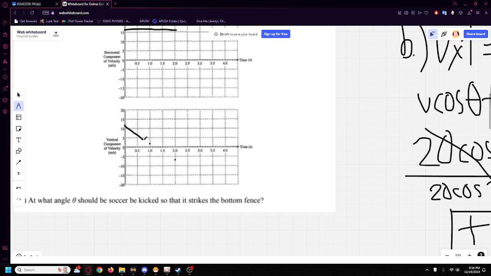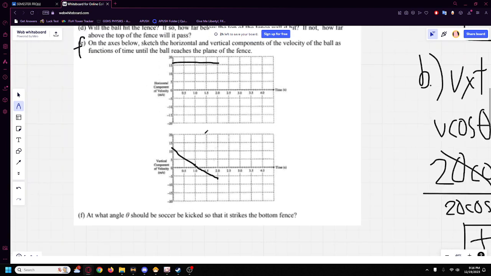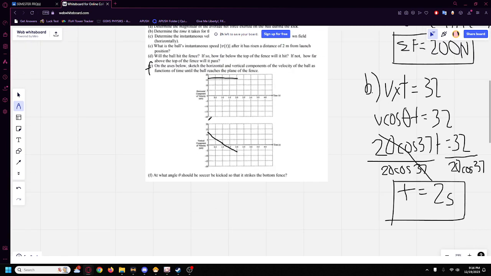And you just draw a line right through them. It's supposed to be linear as well, but I can't draw a straight line, so yeah.